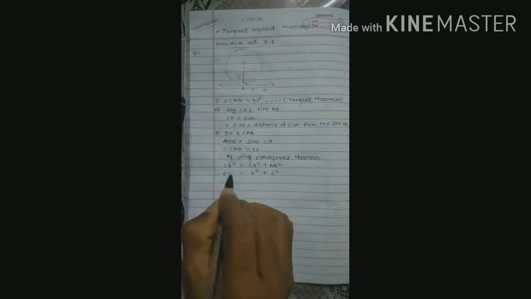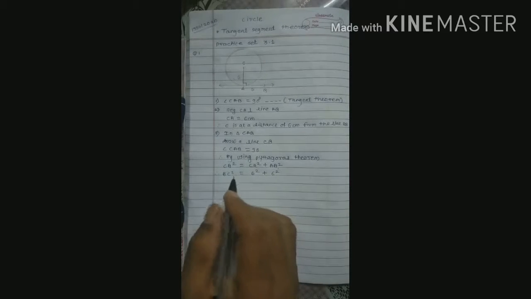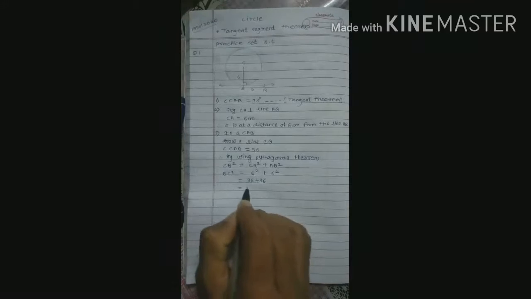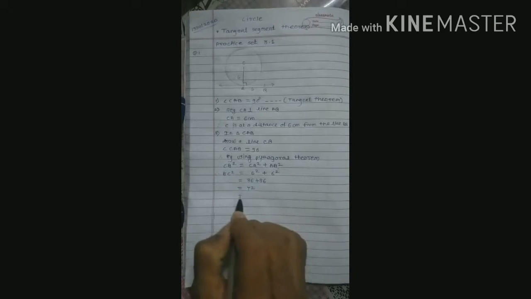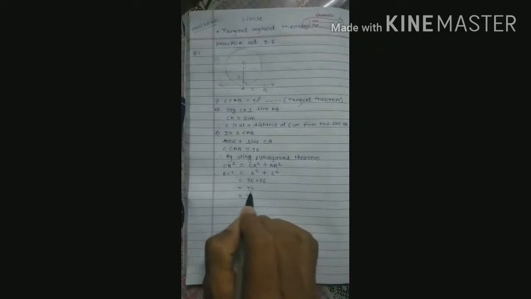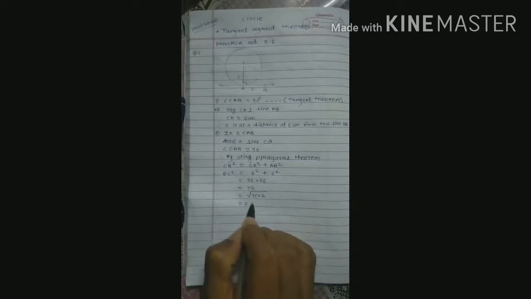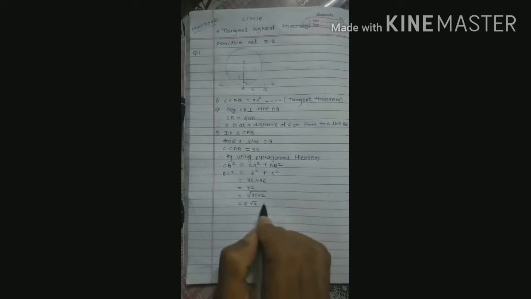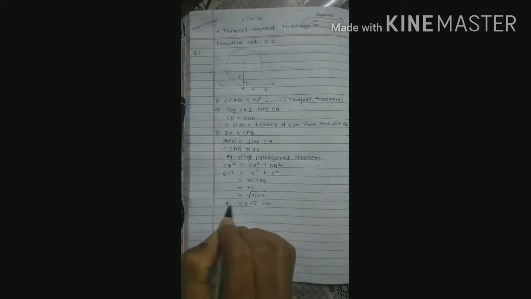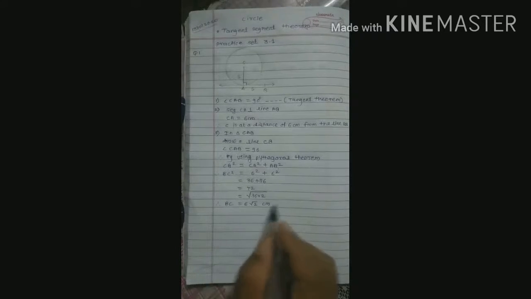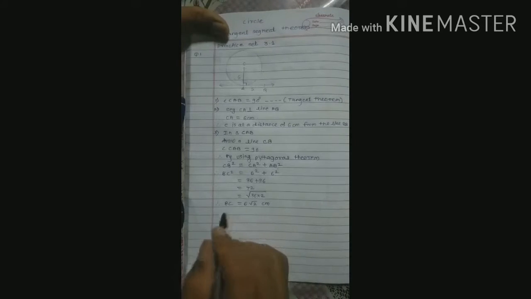Then BC square is equal to 36 plus 36 is equal to 72, which is the root of 36 into 2, is equal to 6 root 2 centimeter, and hence BC is equal to 6 into root 2, taking the square root on both sides.